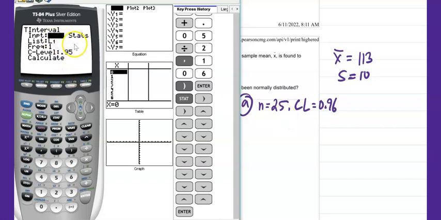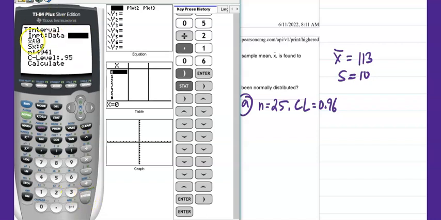There is Data and Stats. Since I don't have data here, I have stats, so I just select the Stats option, and it's highlighted. Press enter. You put in the x bar, which is 113, and the sample standard deviation, which is 10.